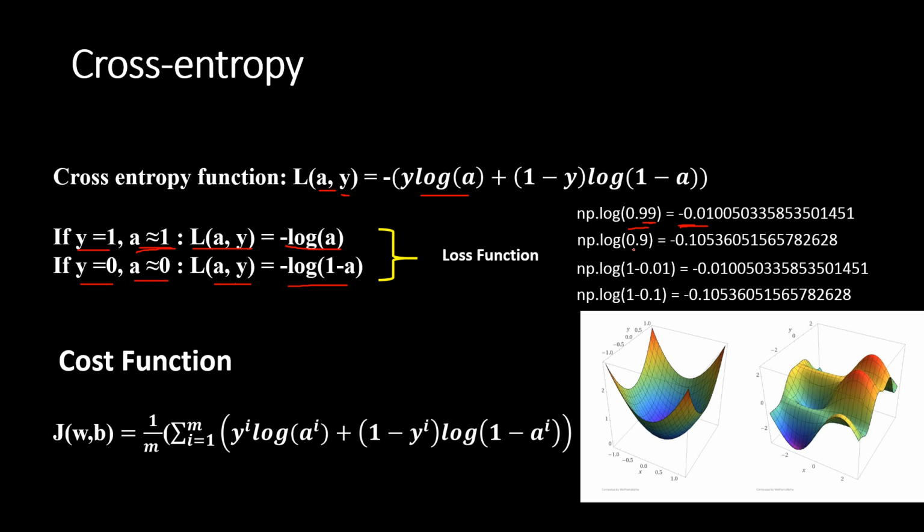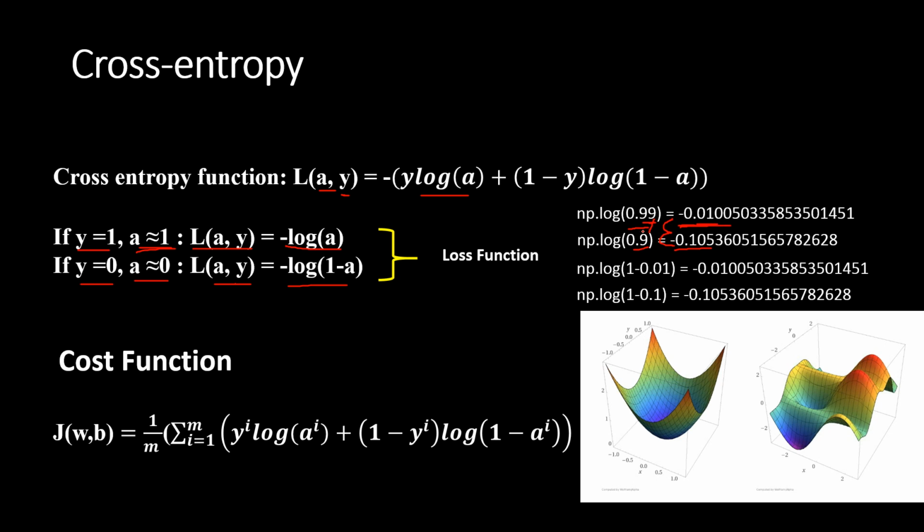However, if it was 0.9, the error function is 0.105, and here it was 0.01. So you can see the difference between these two is about 0.09, and this difference, due to this loss function, will be reflected in the error function output, and this error is going to be fed into the network to correct this w and b.